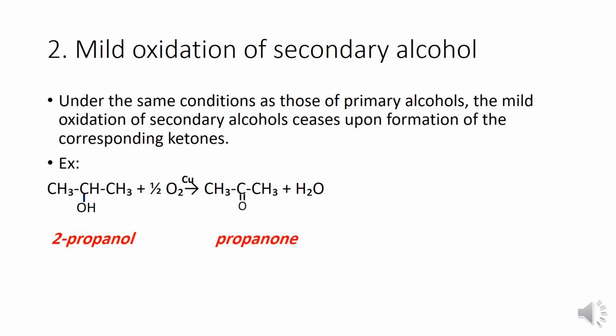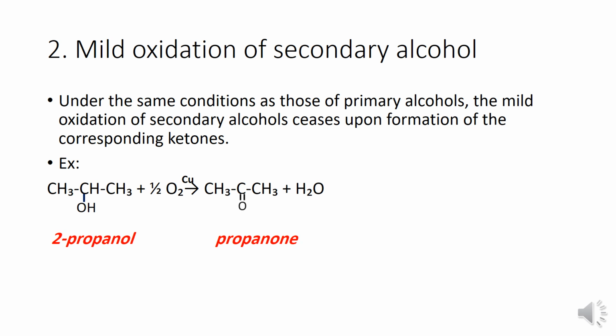Let's take an example, 2-propanol that consists of 3 carbon atoms. The second carbon atom bearing the OH has 1 hydrogen and 2 R. So it is a secondary alcohol, plus half O2 in the presence of copper. What do we get here?